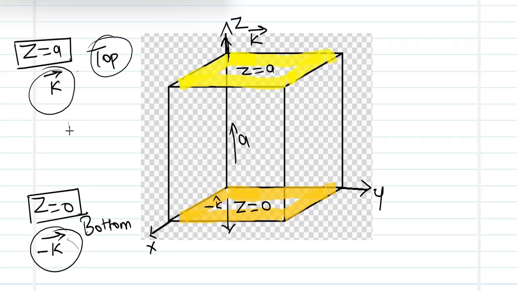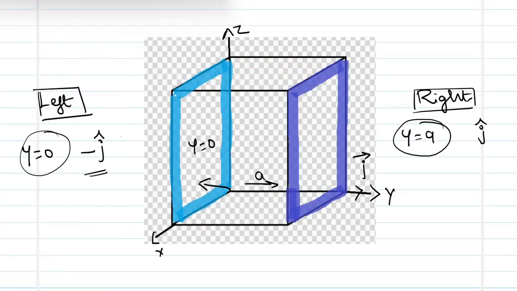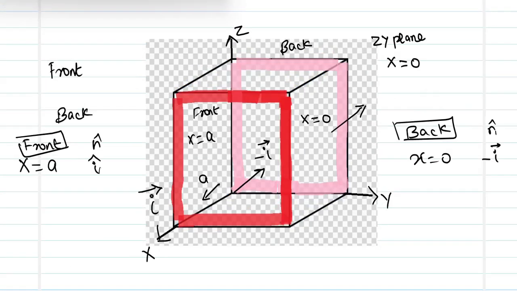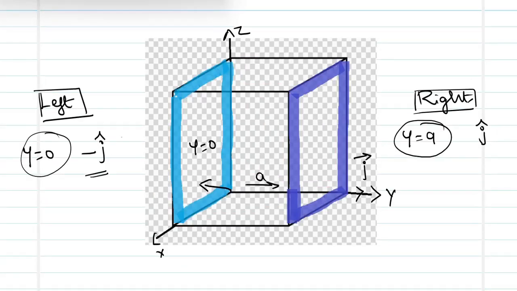Now keeping these 6 faces in mind, we will quickly recollect what they are going to be equal to. The front and the back: the front one called x equal to a with i cap as the unit vector, the back one called x equal to 0 with minus i cap. The next comes your left and the right.